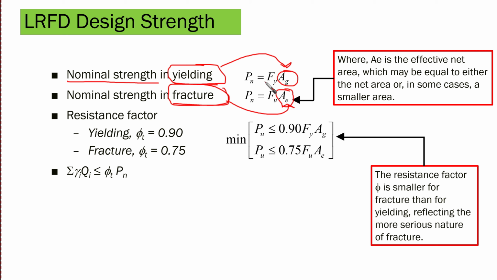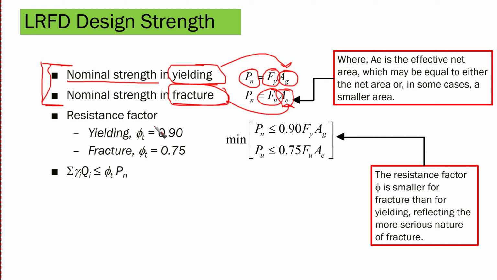Whenever we say yielding, this means F yield, of course. Whenever we say fracture, we use the F ultimate of the material. The multiplication of the two gives us the nominal tensile strength of this member. And with the resistance factor, we get the design strength.